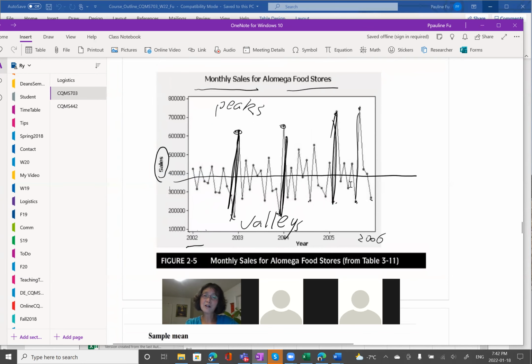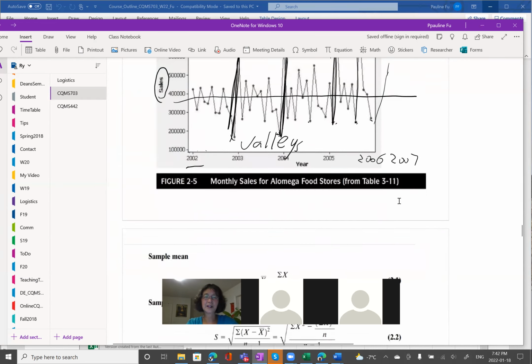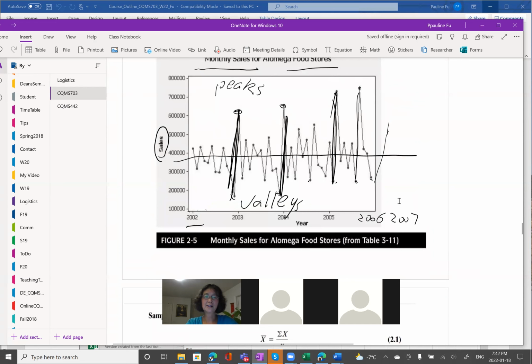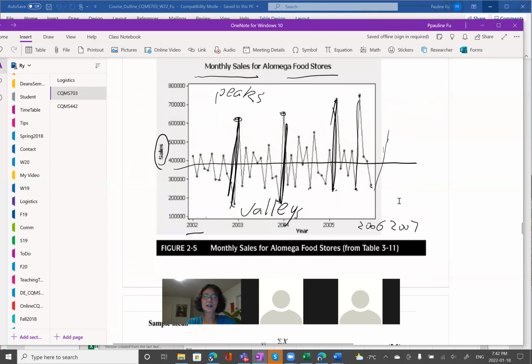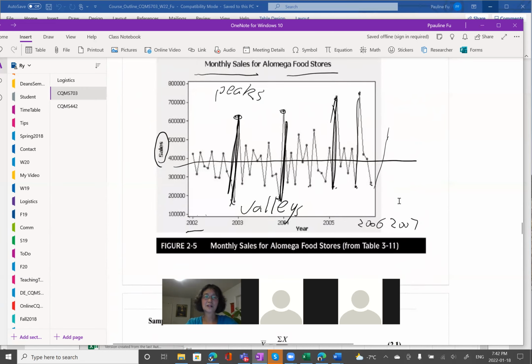If you make forecasting, for example for 2007, maybe it will go this way. It is just this pattern. We'll study the specific forecasting techniques later. Here you just get the idea. The data can be presented as a curve.